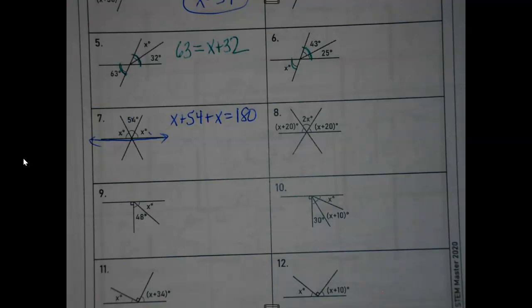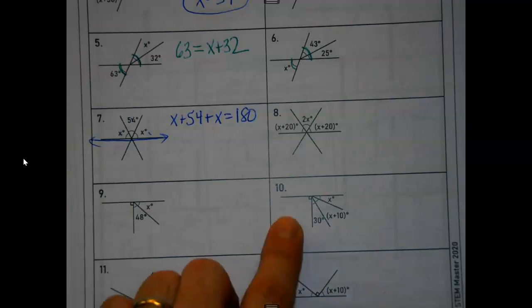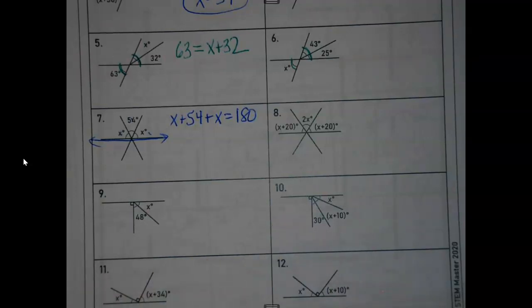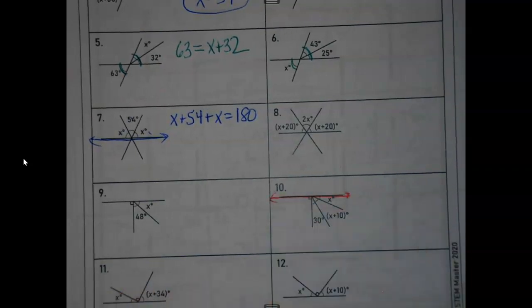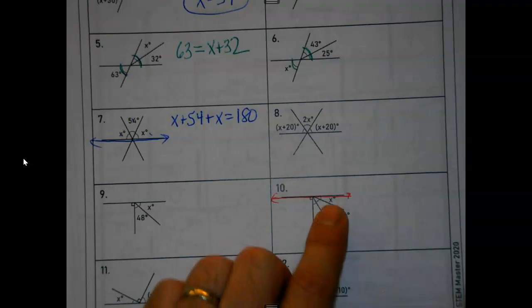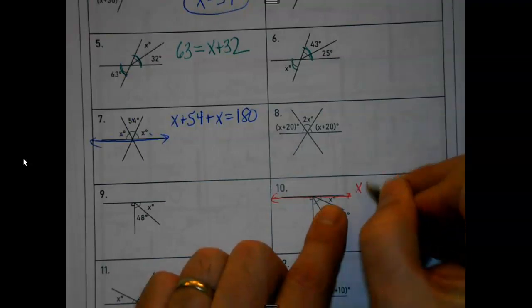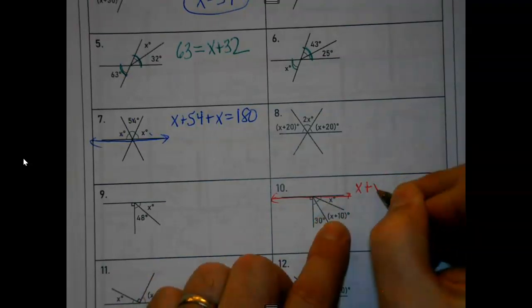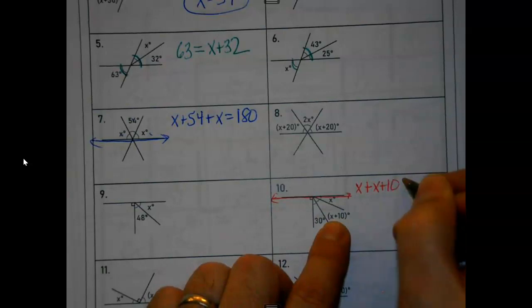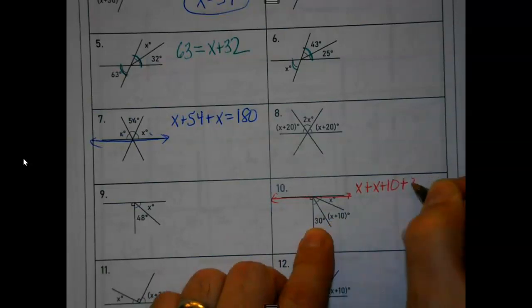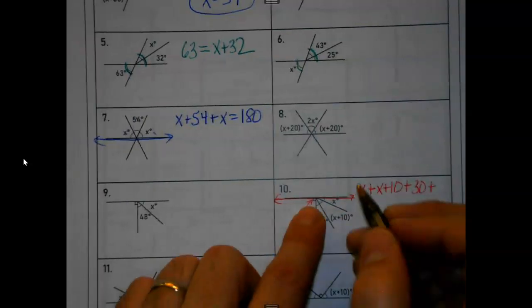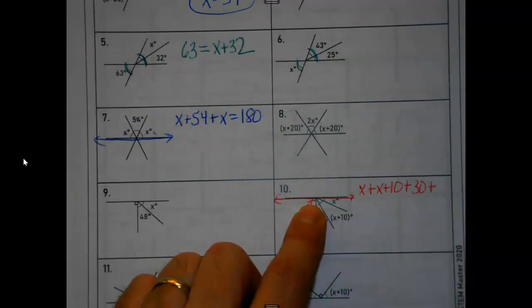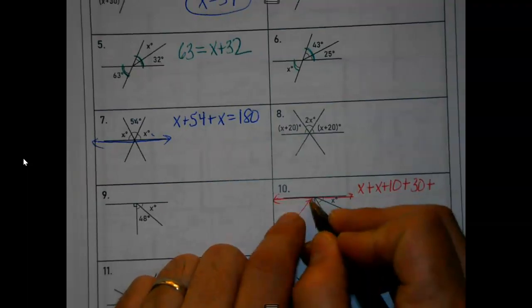One more weird one. Number 10 looks kind of funky. So you're like, okay, again, here's a straight line, so I got the 180. I got x, I got x plus 10, I got 30, holy moly. And I got that little tiny box right there. How many degrees is that again? That little box? 90.